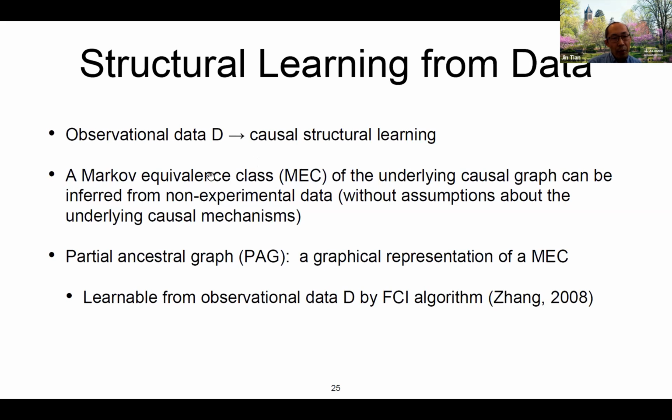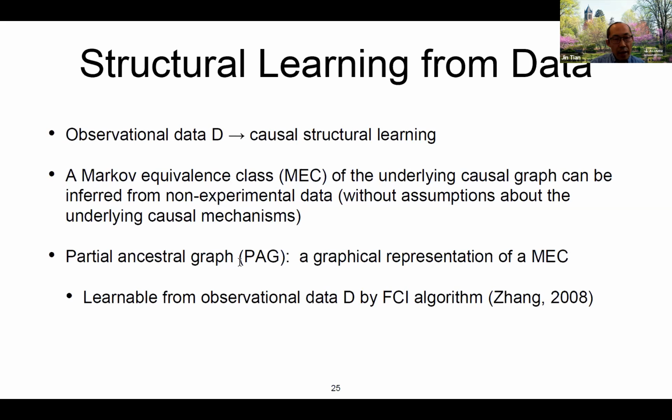Instead, we are able to learn a Markov equivalence class of the underlying true graph. Basically, a set of graphs which have the same Markov properties, or encode the same conditional independencies as the true graph.